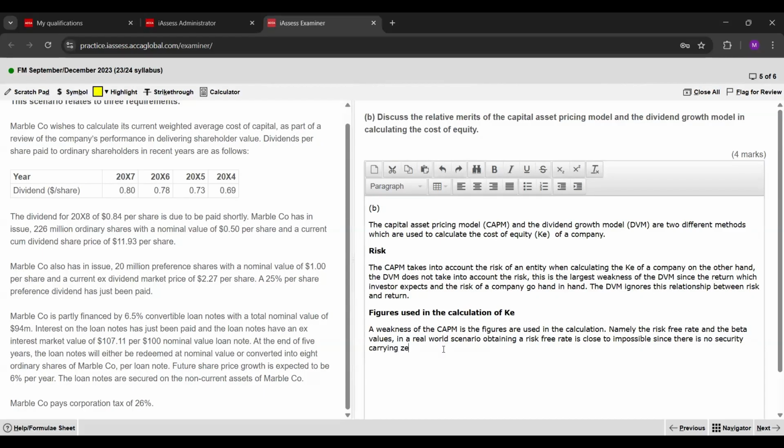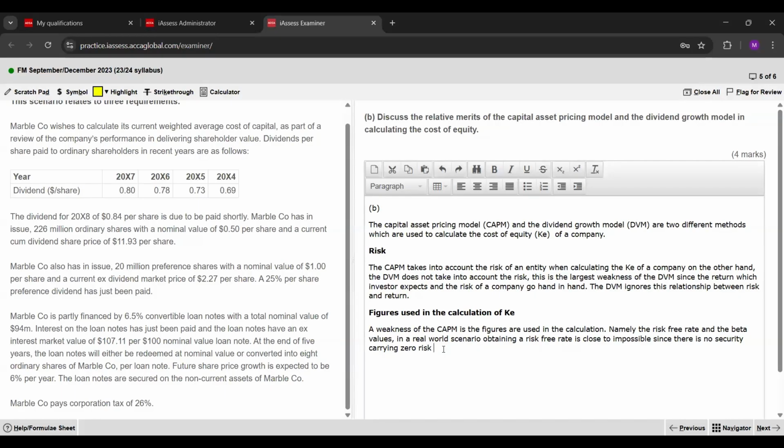carrying zero risk. Okay, so you all know the definition of risk-free rate means the return which you will be getting on a security if the risk is zero. But in a real world scenario, there is no sort of security which is carrying zero risk. Everything has a risk. You can't say the security has zero risk. If you are saying that, you are lying. So therefore, getting the risk-free rate for the CAPM calculation is also impossible.